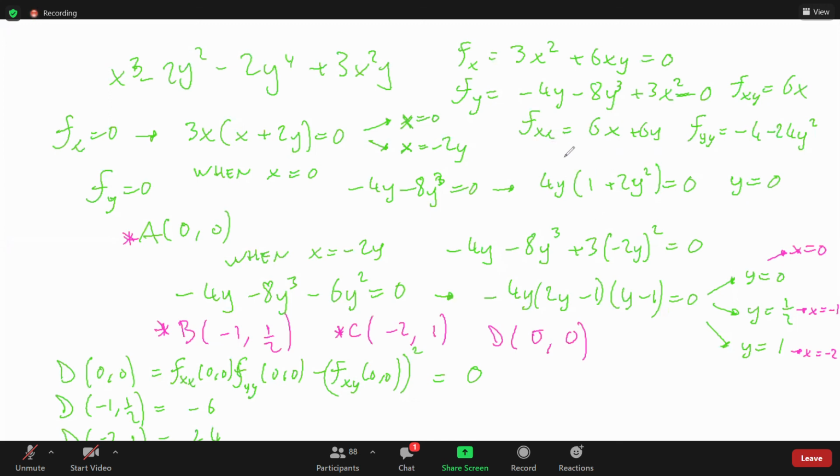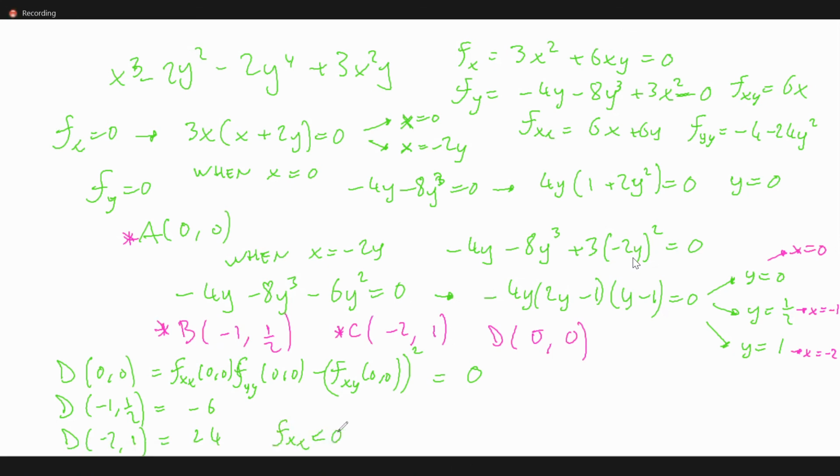So fxx when x is equal to -2 and y is equal to 1 is smaller than 0, from which we determine that the point -2, 1 is a maximum.